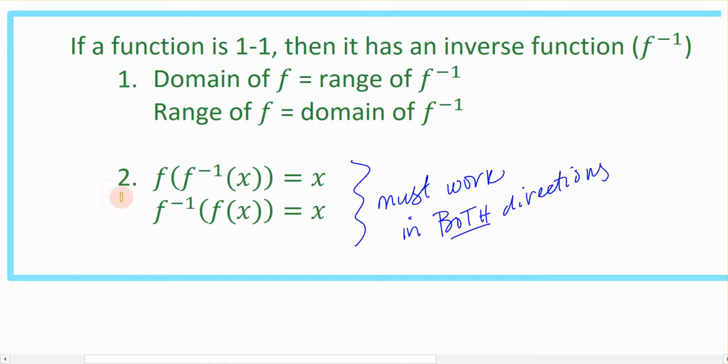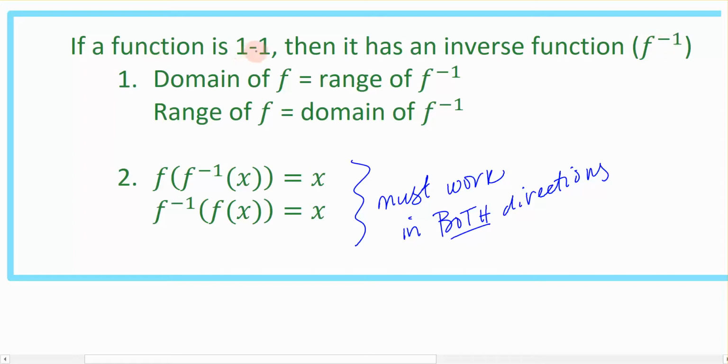Once we've determined that a function is one-to-one, then it has these 2 characteristics. This is a set of definitions I want you to understand. If a function is considered one-to-one, then it has an inverse function, f inverse. And that is so key for what we're going to do in some future math here.